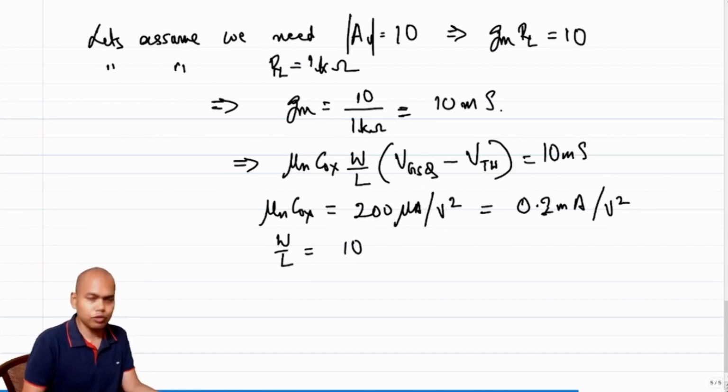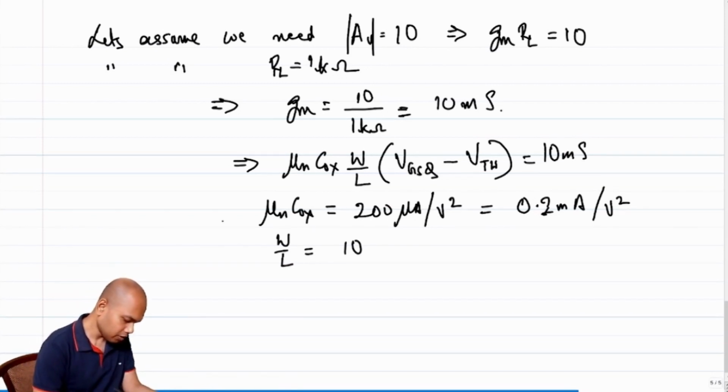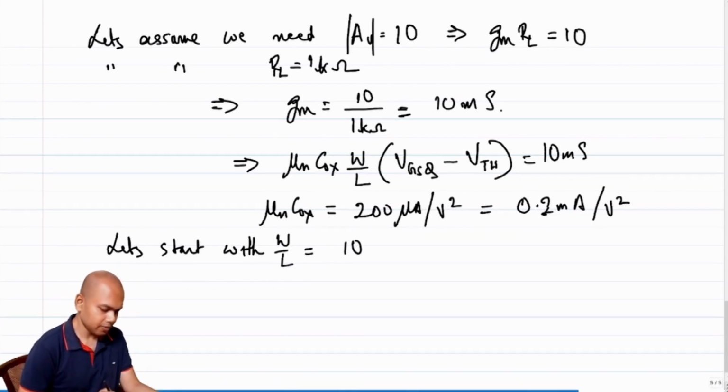We'll come back later in the course and see what will happen if we change W over L. That is a critical design variable. But we have to choose something, so let's start with W over L equal to 10.